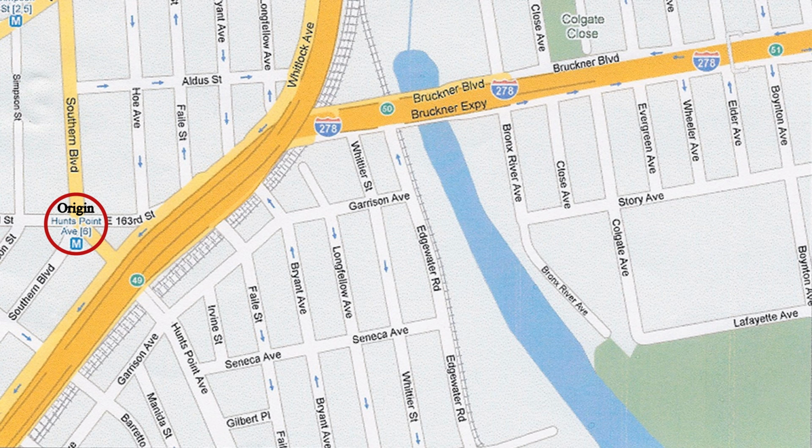They traveled a while on this avenue and then turned off on Bruckner Boulevard, and then came to Boynton Avenue, where Mr. Brown lived. The cab made a right turn to take him to his home on Boynton Avenue.